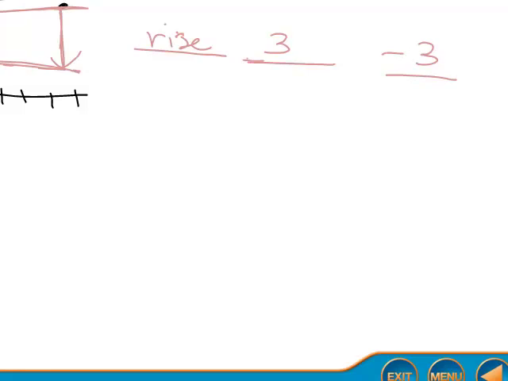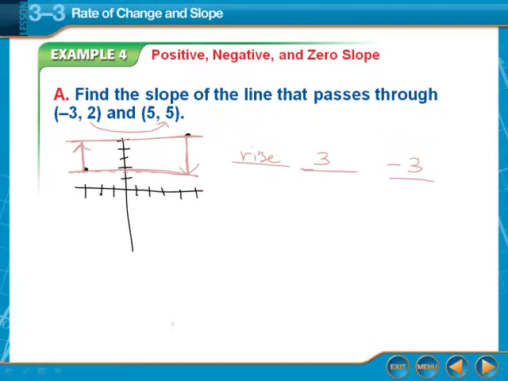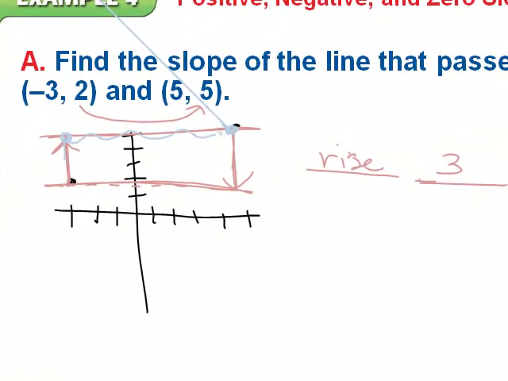Then I go on to the same graph, and now I need to look at the run, or the change in the x's. I can look from here all the way over to here. Again, it's not going to matter if I'm looking at top or bottom. I'm going from -3 to +5. How many units is that on my graph? If I count 1, 2, 3, 4, 5, 6, 7, 8, my run is 8.